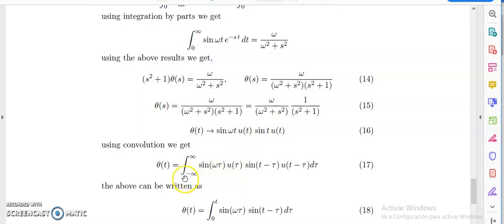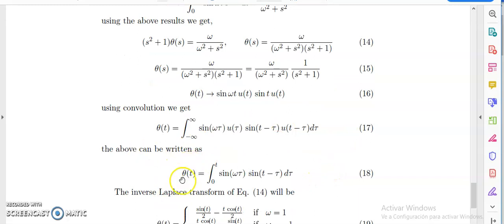So the equation for theta of t becomes the integral from minus infinity to infinity of sine omega tau multiplied by u tau times sine of t minus tau multiplied by u of t minus tau, d tau.